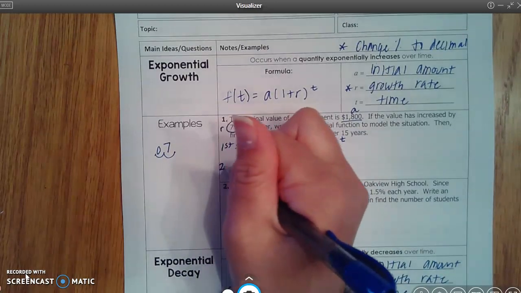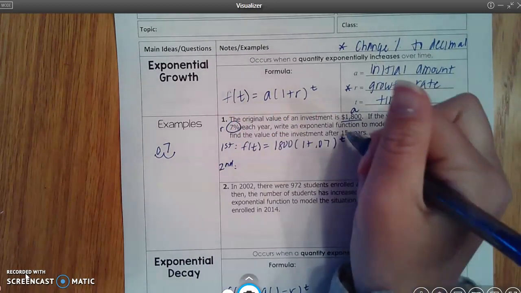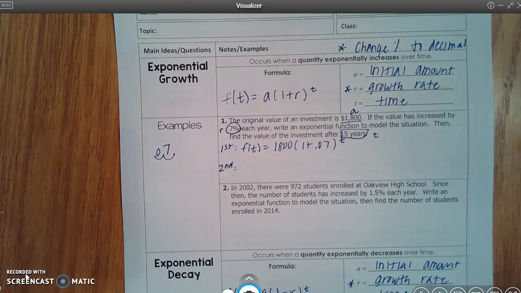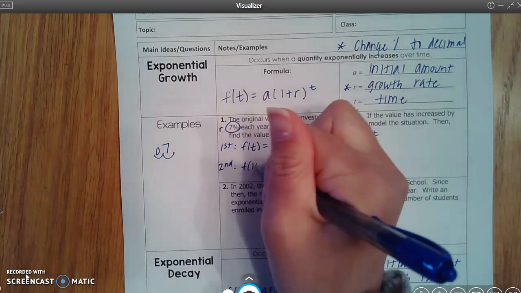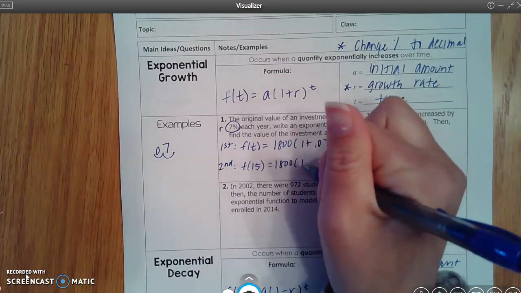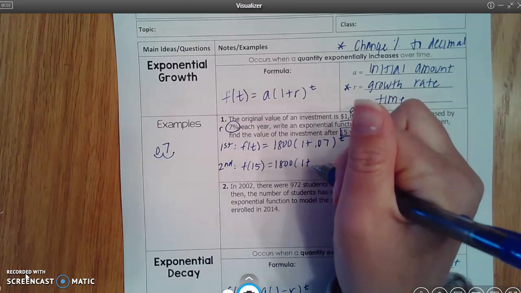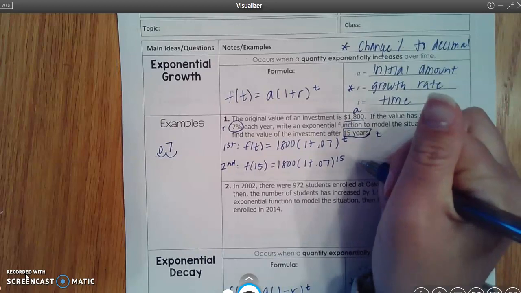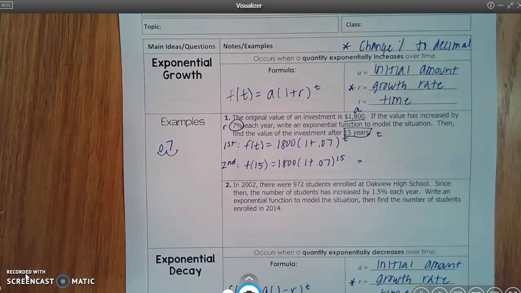So then the second thing that they want us to do is they actually want to know after 15 years, which is t, what has it increased to? So it started at 1800, what did the number increase to? Say f of 15, because that's what I'm plugging in for t. And we'll do 1800 times 1 plus 0.07 raised to the 15th, and we're trying to figure out what that is equal to.